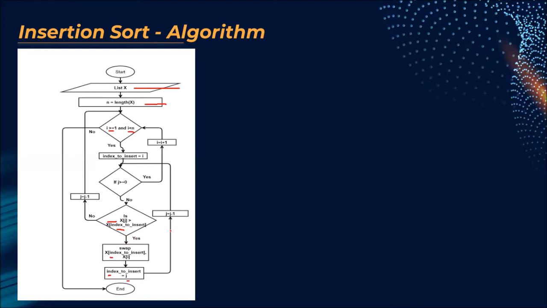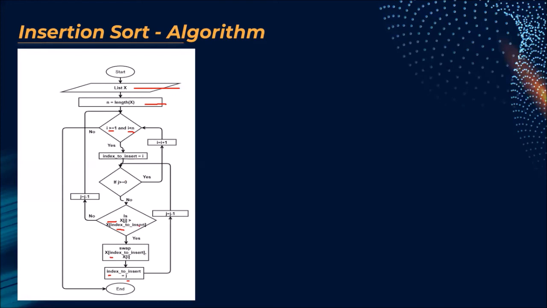That is, we now compare it with the previous element of the sorted part, and we keep on comparing till we get j equals 0, that is, we have compared the first element of the sorted part as well. And this is how the flowchart goes.